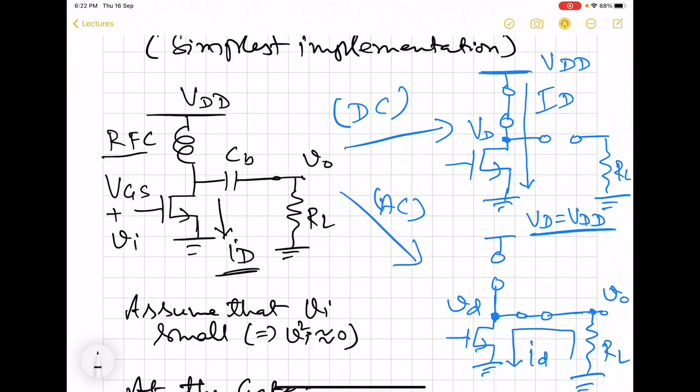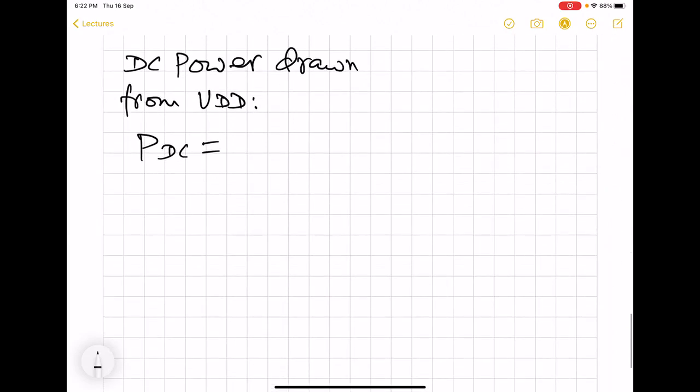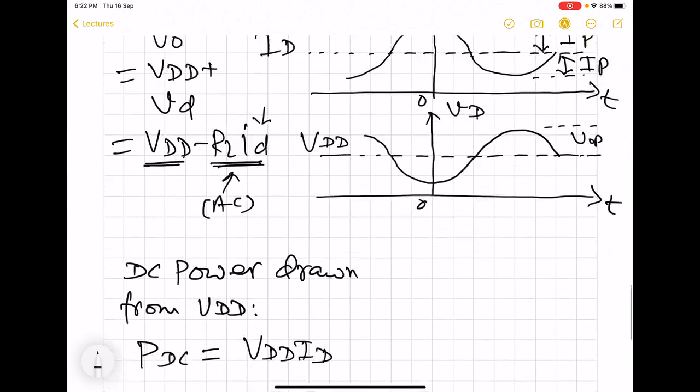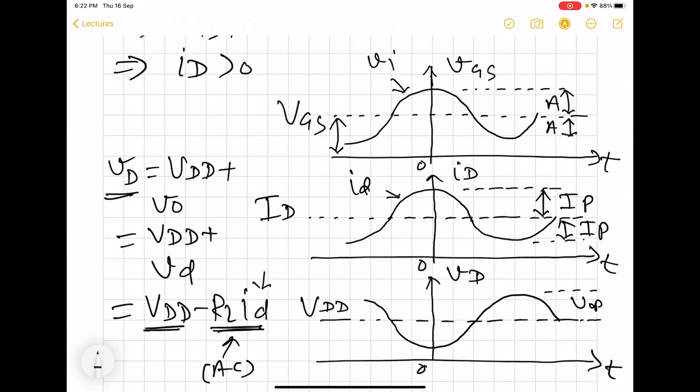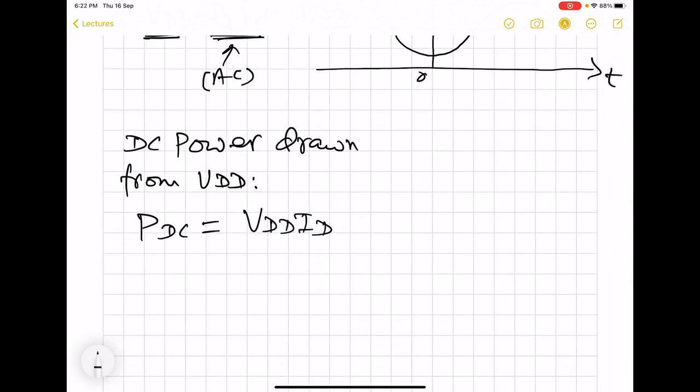So that is going to be equal to this DC voltage multiplied by the DC current that is being drawn. So this is going to be equal to VDD into ID. And keep in mind that this ID, what we get here, is actually function of VGS, the gate to source voltage that was used for biasing. So this information will be useful later on.